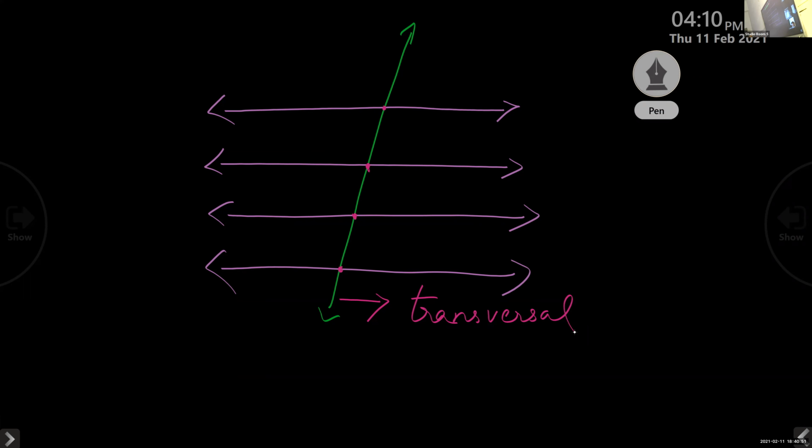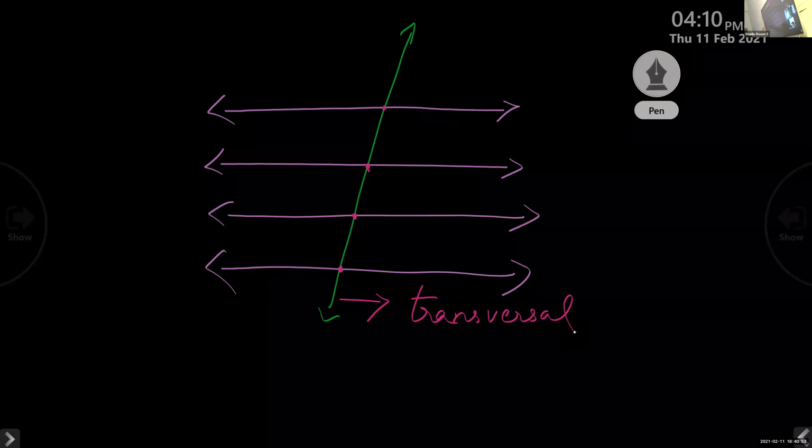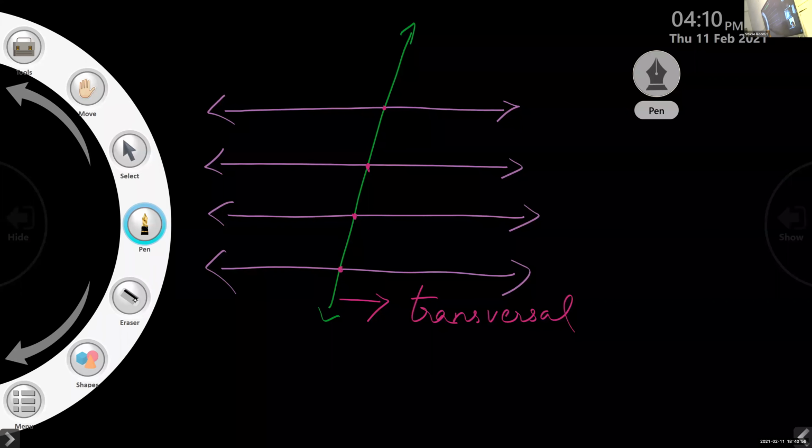Next, we study transversals of 2 lines which are parallel.